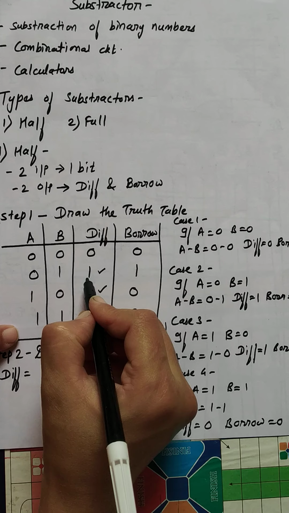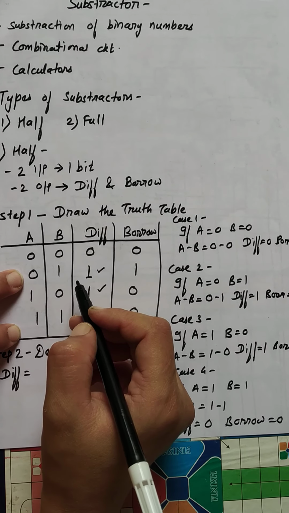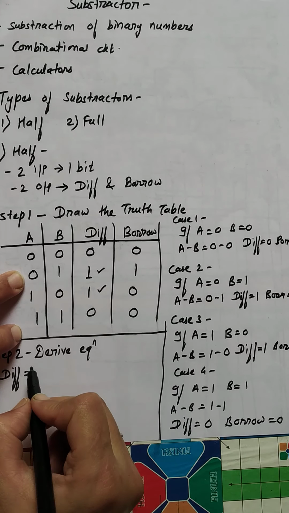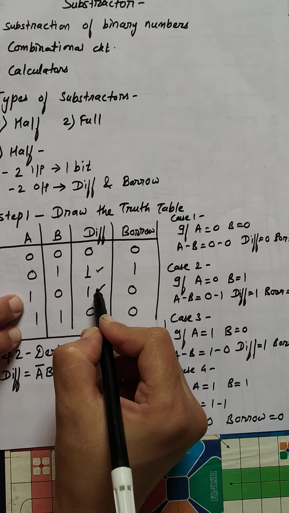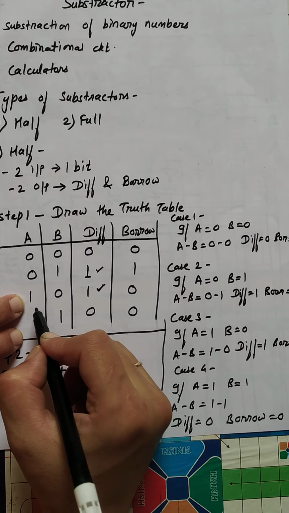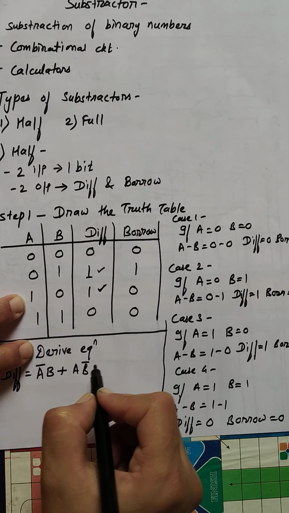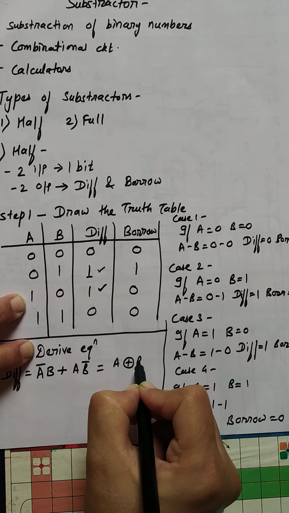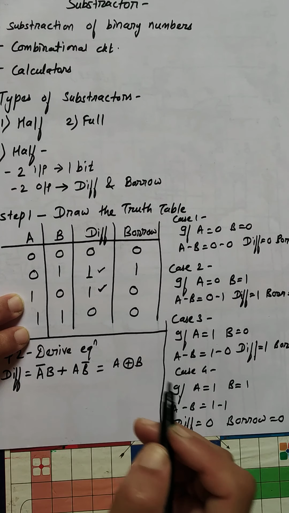Here in SOP 0 means complemented and 1 means uncomplemented, so I'll get the term A bar B plus, for the other one, A B bar, right? If I simplify this expression, this is your A XOR B formula. So the simplified equation for difference is A XOR B.